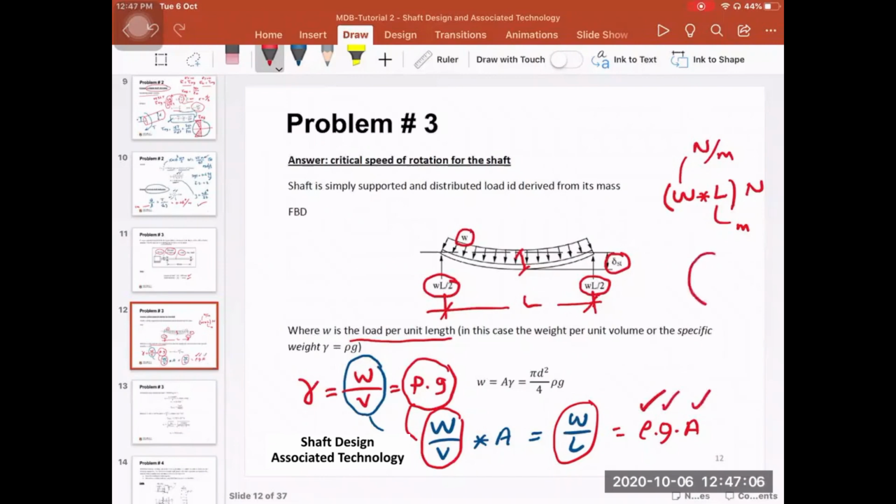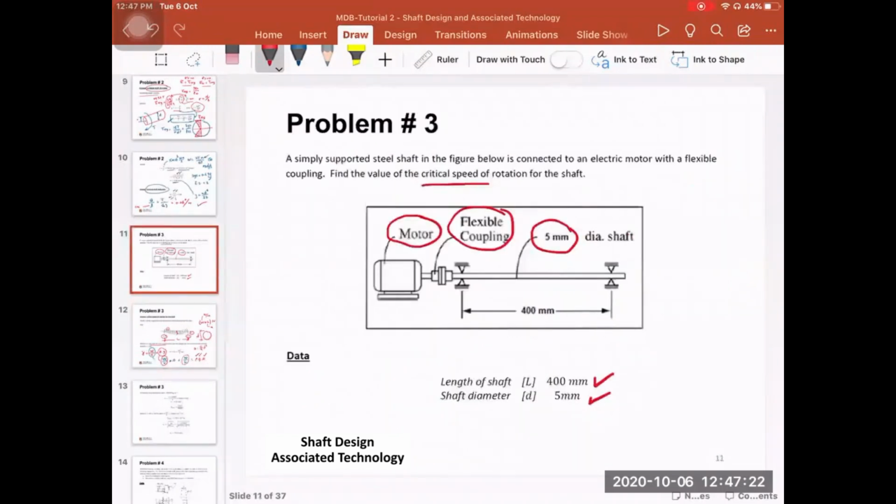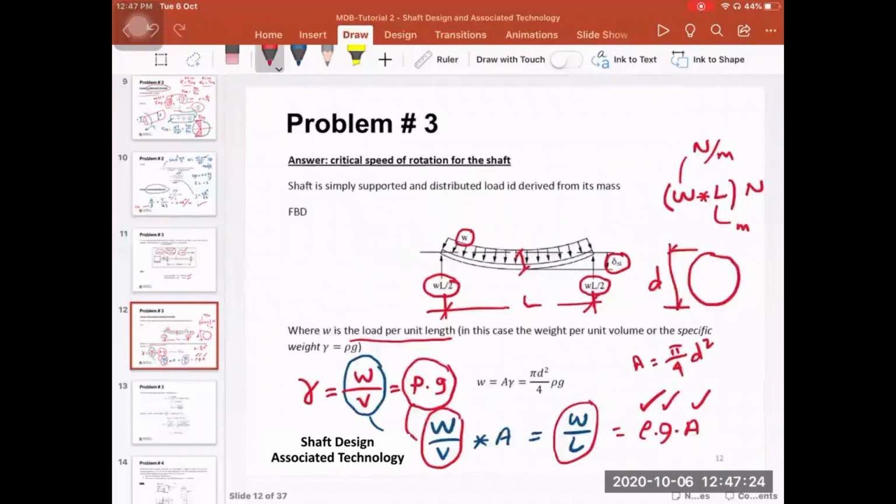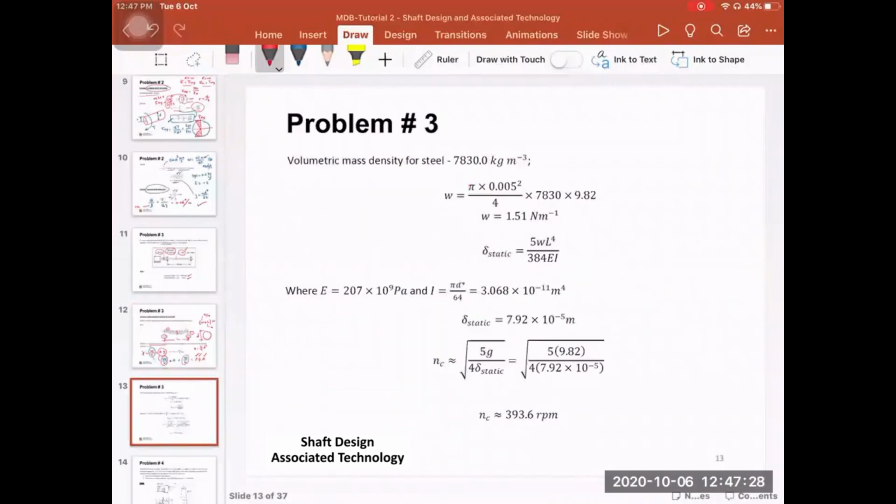If we consider that we have a solid circular shaft here with diameter D, so it is pi over 4 times D to the power 2. This is the cross-sectional area. Remember, if I go back here, the diameter of the shaft is given. So simply, we can now move on to calculate the value of W.